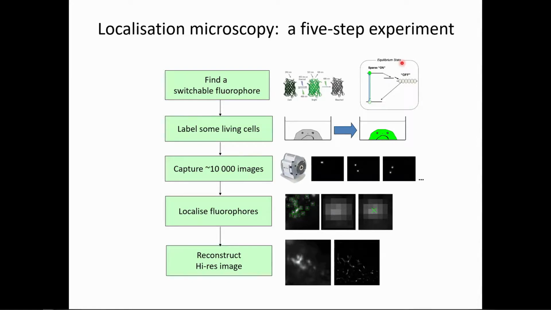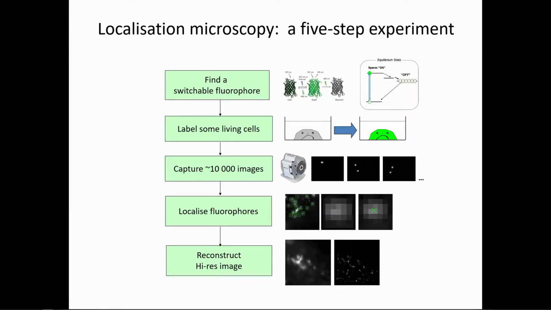It is the localization data, and you need to be careful sometimes in interpreting this because there may be artifacts that lead to misinterpretation. But I'll show you some examples where this technique works very well and the kind of things that you can do with it.